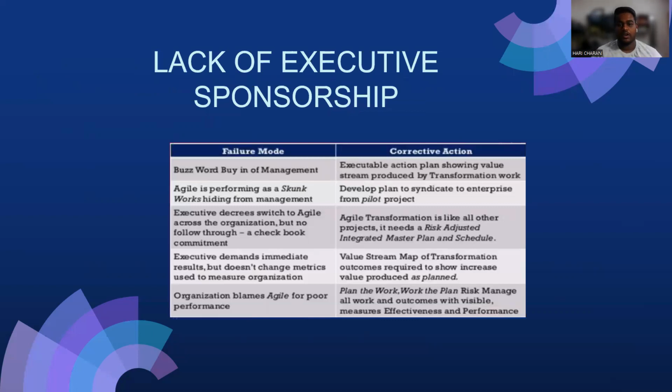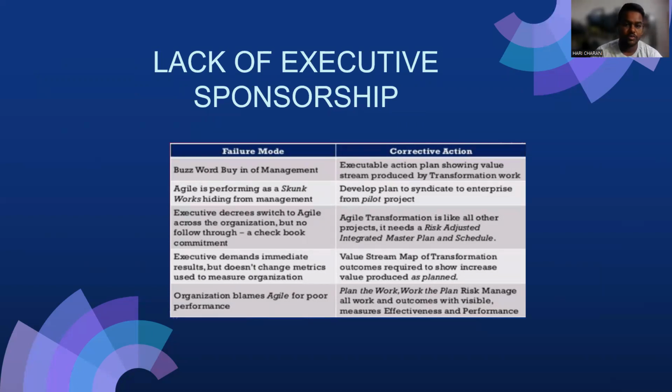And this was the lack of executive sponsorship, where you can see the failure mode and the corrective actions. The failure mode is that the organization blames agile for poor performance, and the corrective actions lead to making the workflow, the plan and risk management, and all work and outcomes visible.